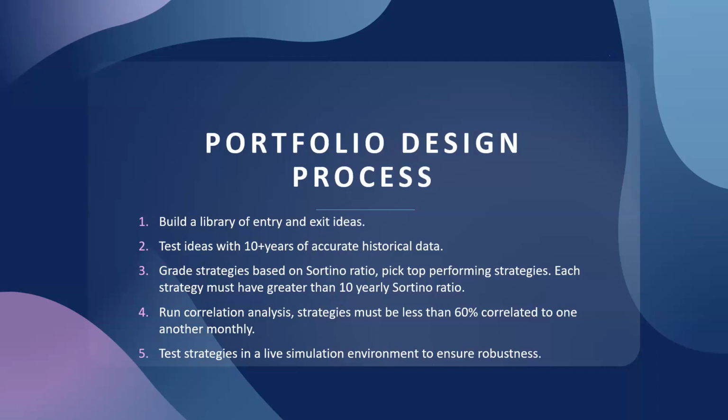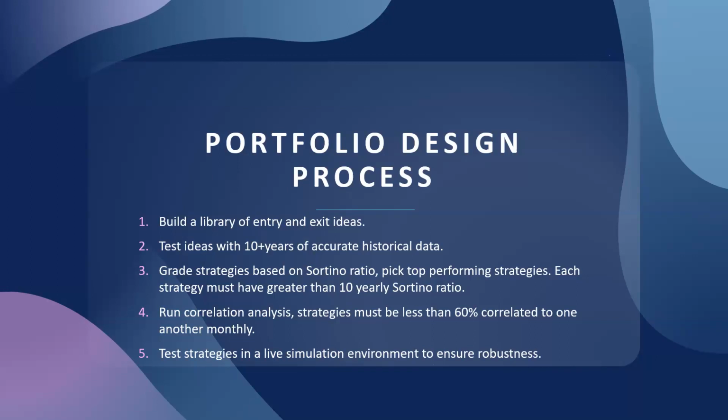If I'm up $1,000, sell. If I'm down $500, sell. If I'm up for 3 days in a row, sell, that sort of stuff. So I have a huge library of different entry and exit ideas that I test. And every day when I have some time, I test these ideas, and I have a process of finding successful strategies through testing.